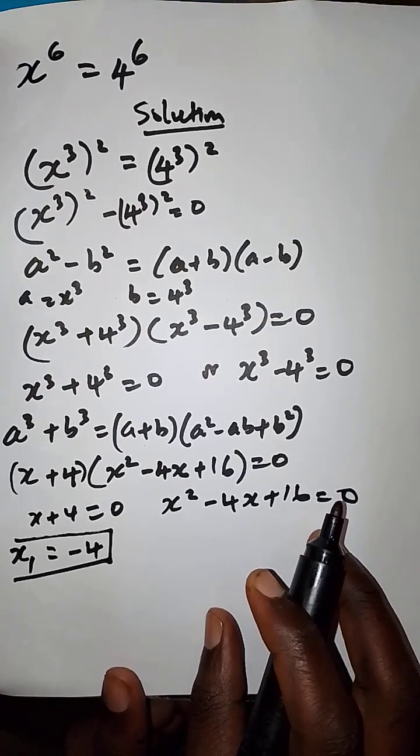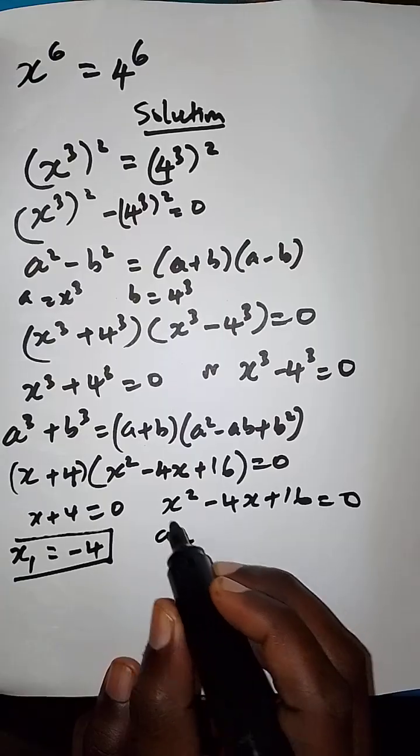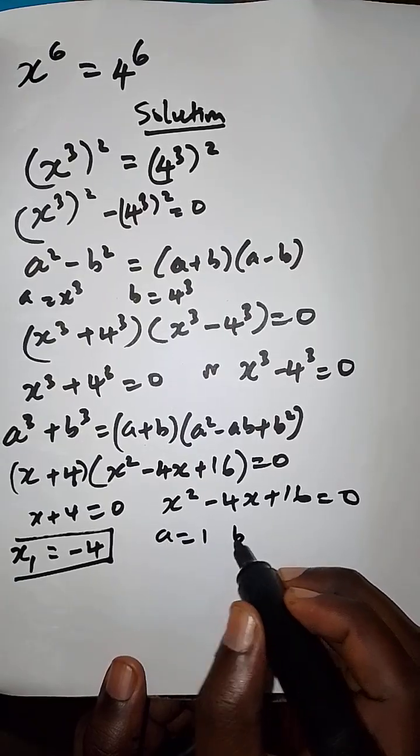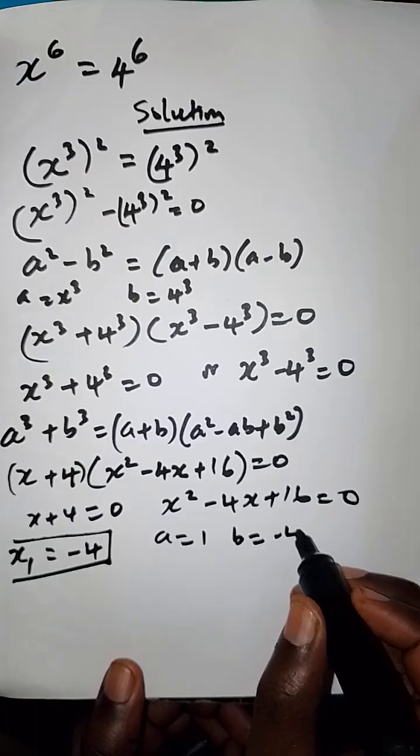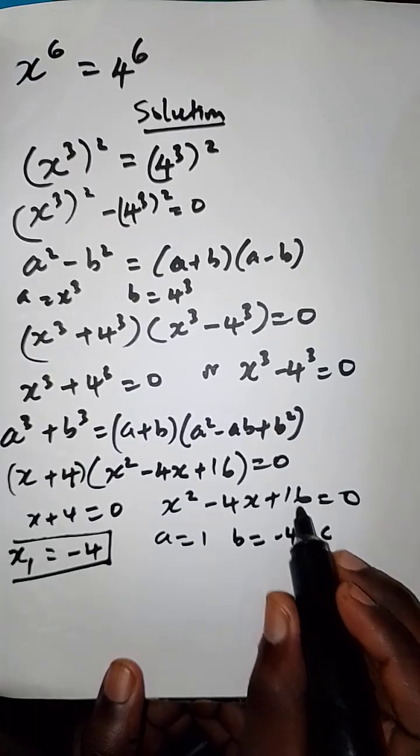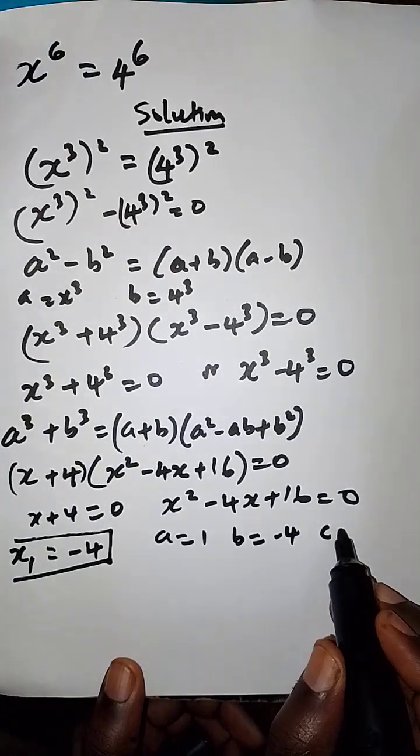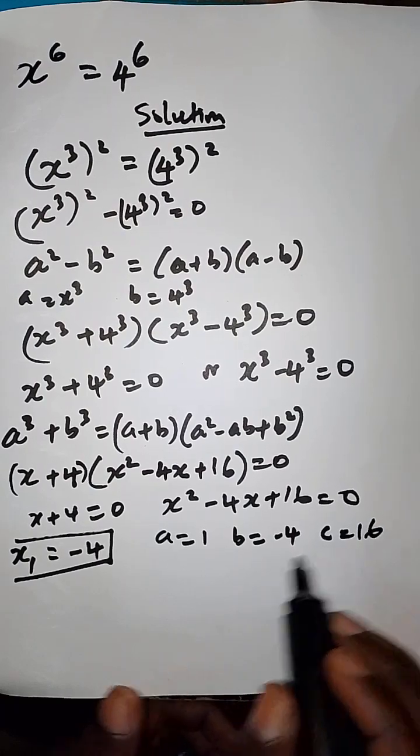Solving this using the quadratic formula, the coefficient of x squared is 1, the coefficient of x is negative 4, and the constant is just 16.